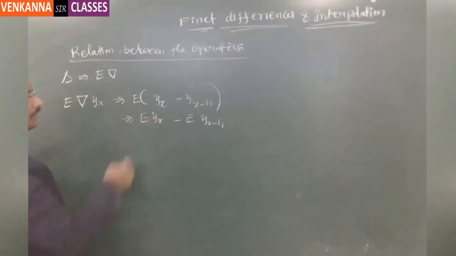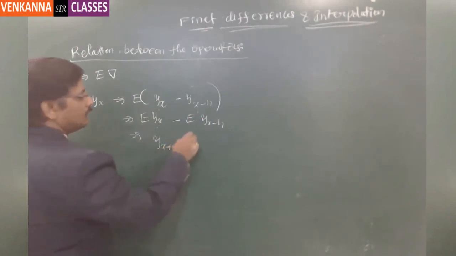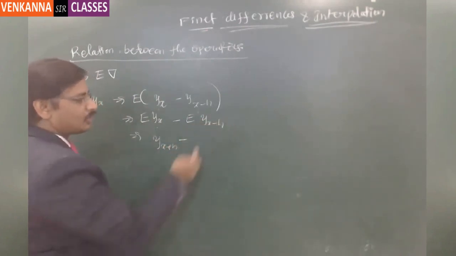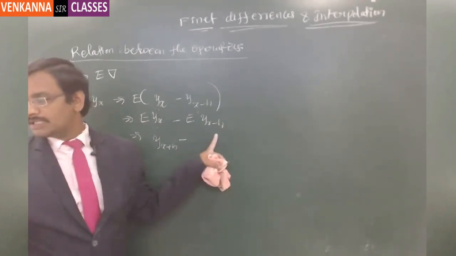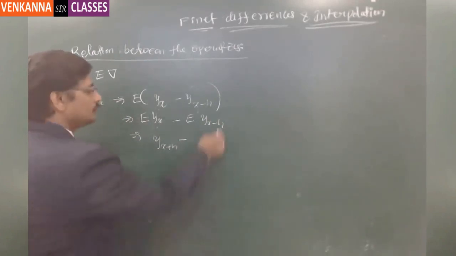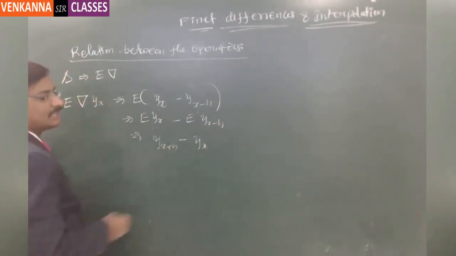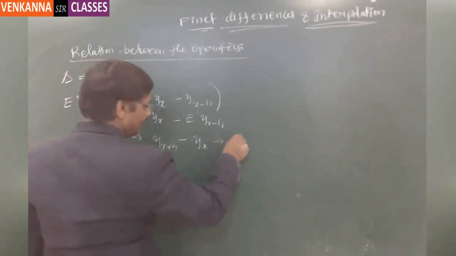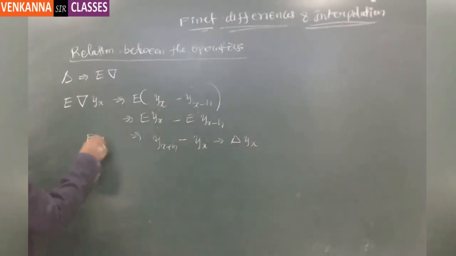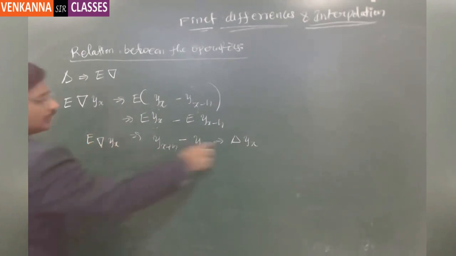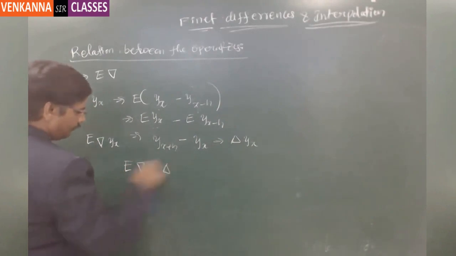Now if you operate E on y(x), it is going to shift as y(x plus h), and it will shift by an amount of h, but there is an h which is getting subtracted here. Minus h plus h becomes 0, then this is going to be y(x). Now y(x plus h) minus y(x) is nothing but the forward difference operated on y(x). So E del of y(x) is going to be delta of y(x), or E del is equal to delta.